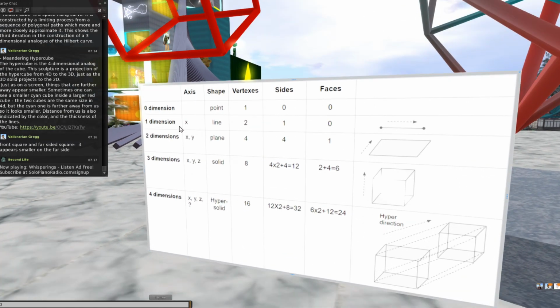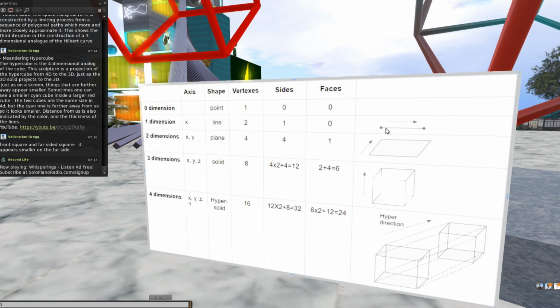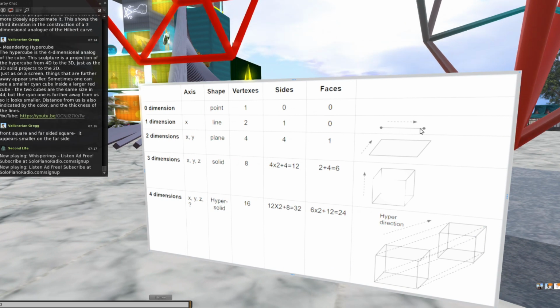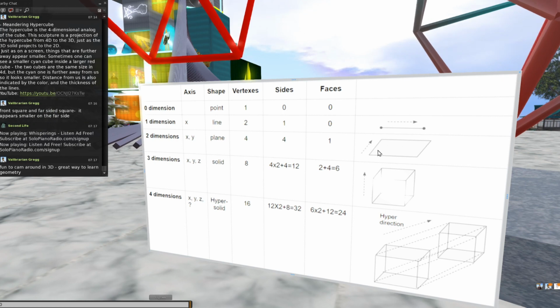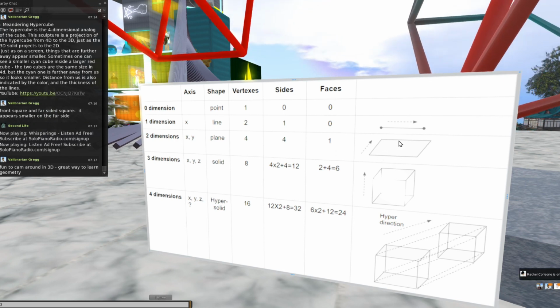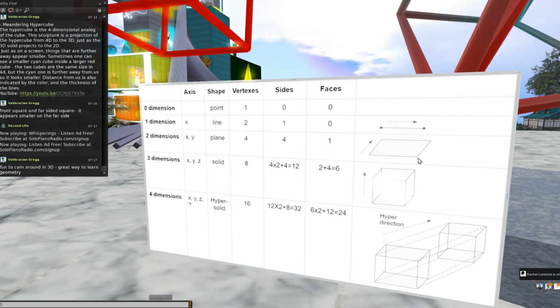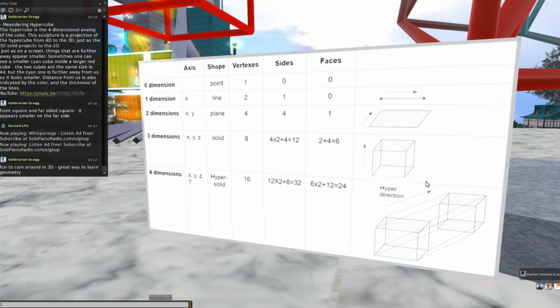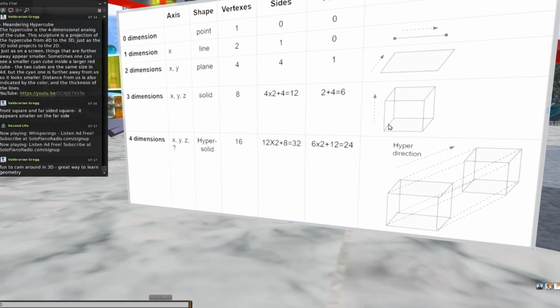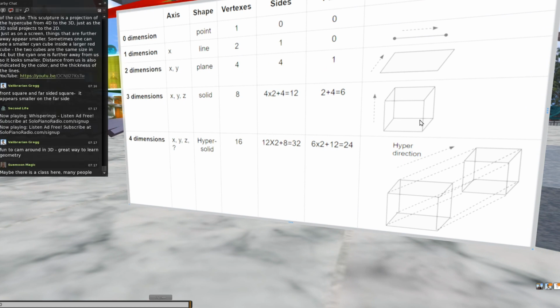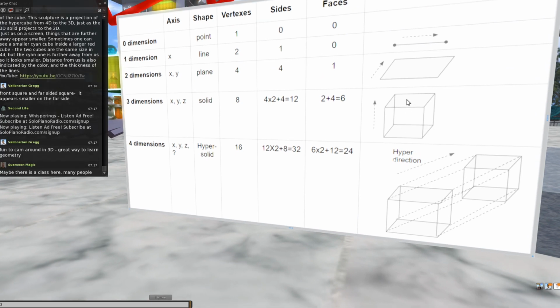And a one-dimensional line is made by sweeping a point in the x direction. And a two-dimensional square is made by sweeping a line along the z-axis. And a three-dimensional cube is made by sweeping a square along the z-axis.